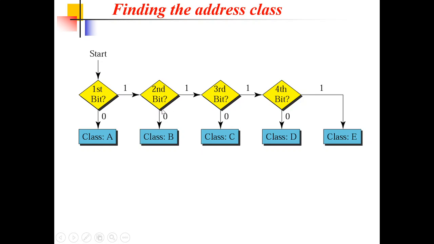If it is 0, then the address belongs to class B. If not, then you will observe the third bit. If it is 0, then the address belongs to class C. If it is not, then you will observe the fourth bit. If the fourth bit is 0, then the address belongs to class D. Otherwise, the address belongs to class E.